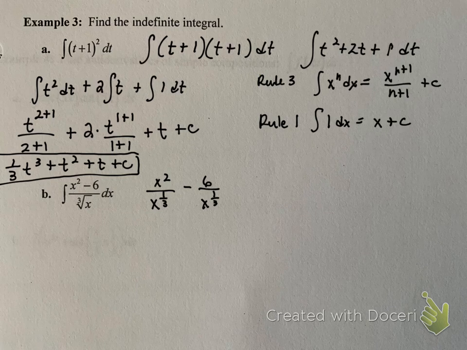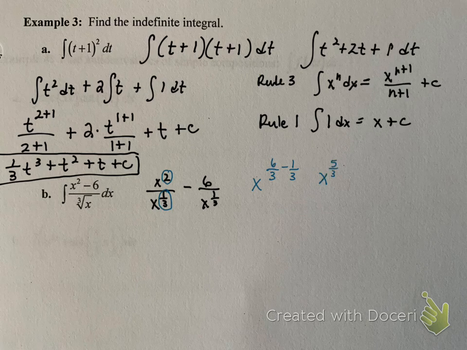Okay? So if I rewrite that, I can use the rules where I subtract my power: 2 minus 1/3. Let's write that out with a common denominator. So 2 becomes 6 over 3 minus 1/3. That's going to be x raised to the 5/3 power.